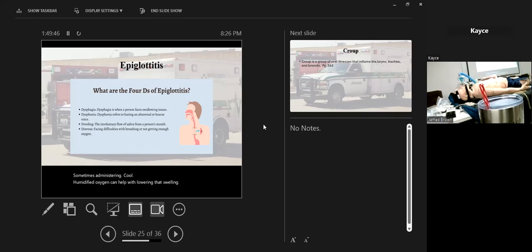But what's your high concentration oxygen without alarming the patient? Transport as soon as possible. That's basically the treatment. These are ones you want to get to the hospital pretty quickly. Give them some steroids to help take down that swelling.